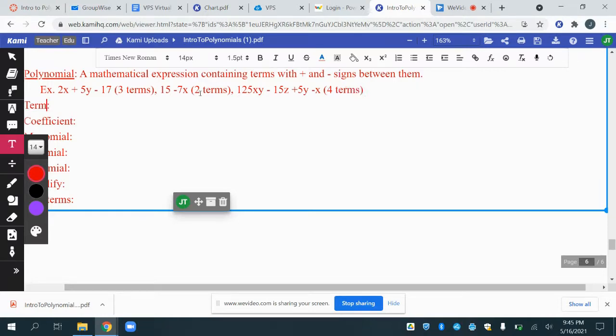All right, a term. These are the parts of a polynomial.